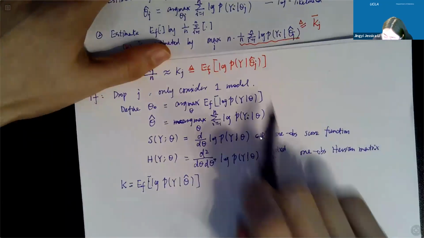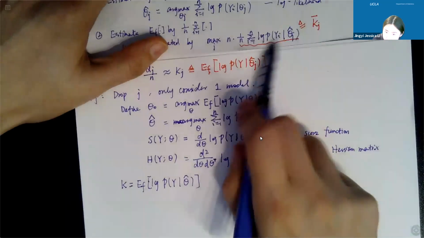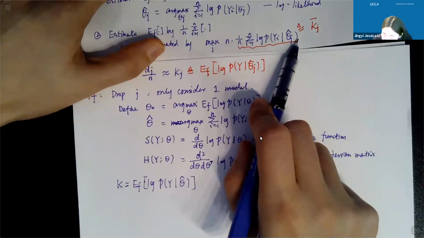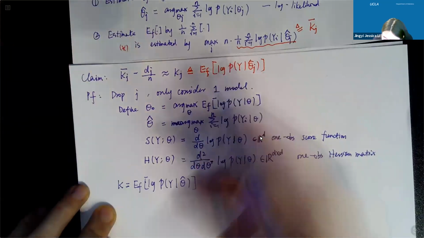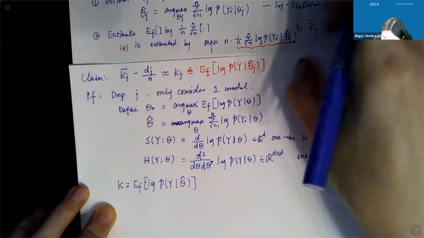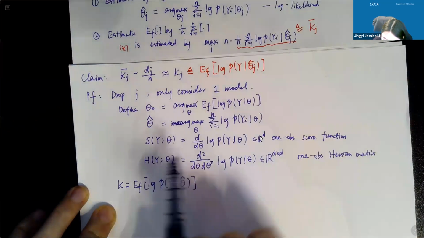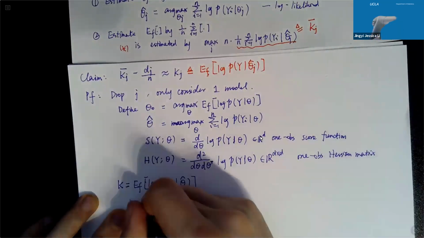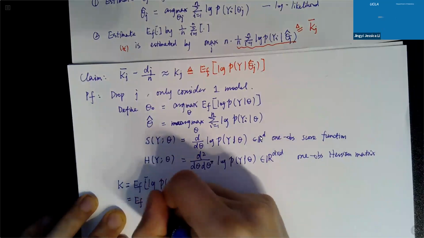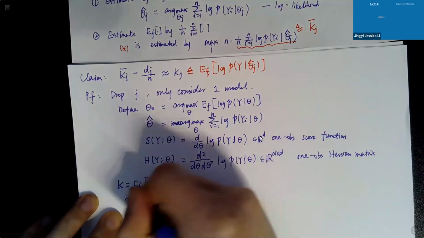The Kj and the K both involve the MLE, but in the Kj we don't have F, and in K we have F. So we're going to convert or connect those two things by using theta zero as the middle part. So therefore, let's do a Taylor expansion, approximately.